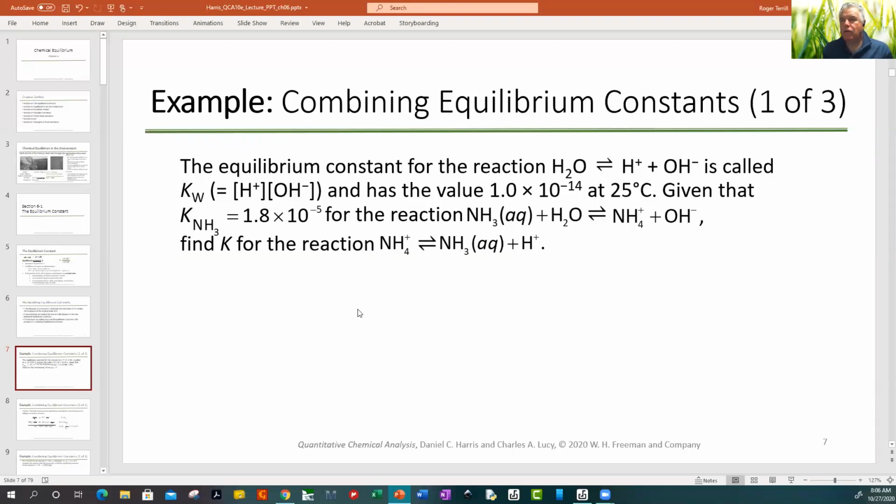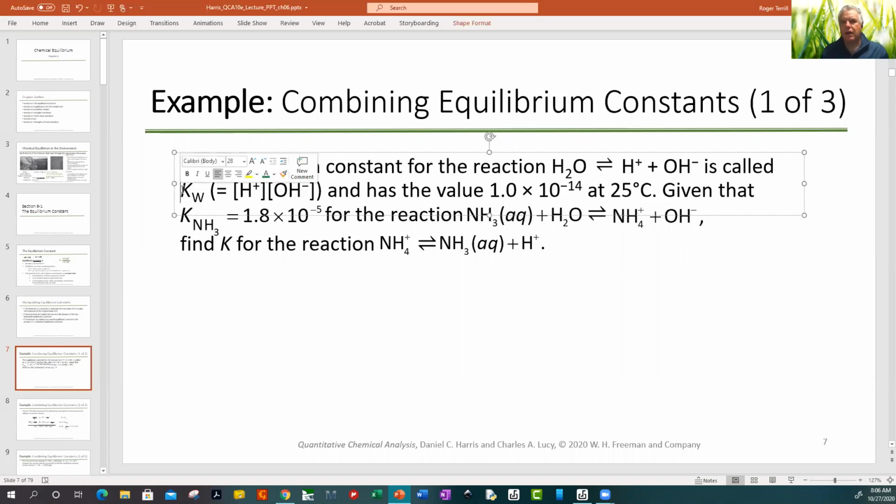For example, we have the autoprotolysis of water. H2O makes H plus plus OH minus. The Kw for that is always equal to H plus times OH minus. This is something true about water: for a given temperature and pressure, and what we're going to talk about is true at 25 C and atmospheric pressure, it doesn't vary dramatically, but it varies a little.